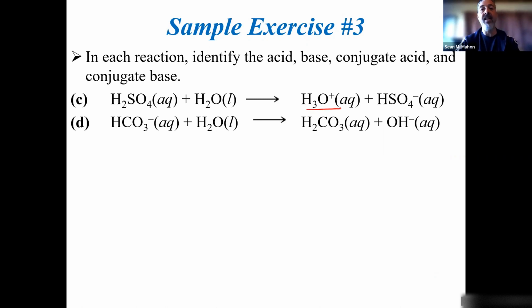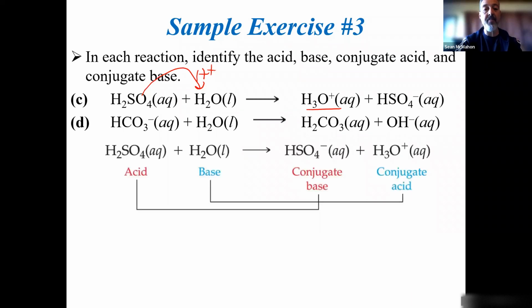Whenever I see that, that means water had to do what? Water had to accept a proton. So if water had to accept a proton, water is a base because it accepts it. Well, if water is accepting, then the sulfuric acid is donating, and it's the acid.